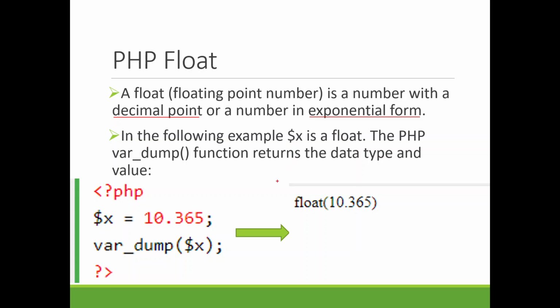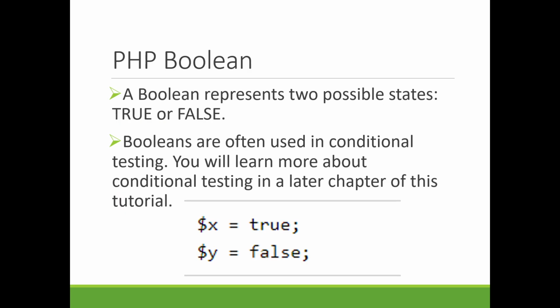In the following example, x is a float, because the number we've assigned is 10.365. Again, we can use the var_dump function to print out the data type and the value that we've stored in that variable x.